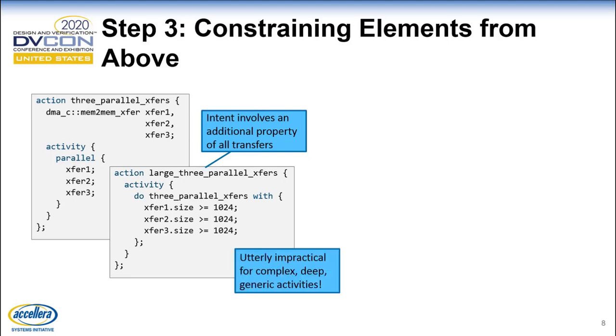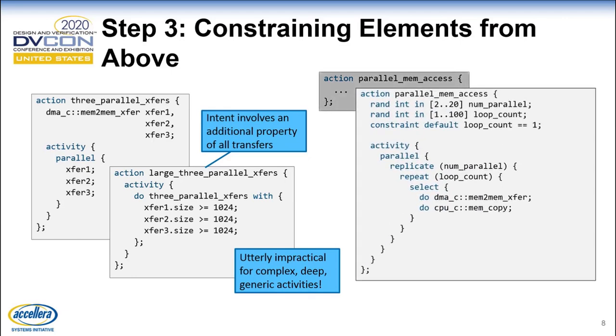But clearly this becomes completely impractical for anything more complex than that. Right? Because just consider, nothing too fancy, our parallel mem access. How did it look? We had a repetition of selection under replicated branch in a parallel. Something fairly straightforward, but how would I ever reach down into all of the DMA transfers to constrain them such that they're large?